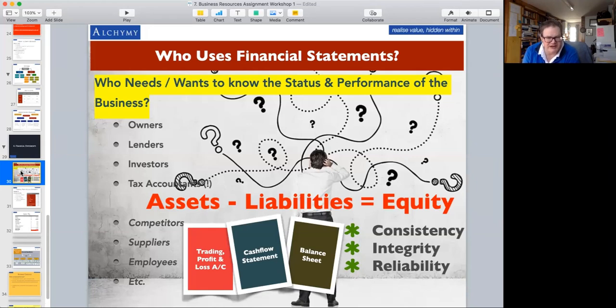To do that, we need to have our final accounts in place, our income statement and our statement of affairs. And they have to follow the rules. We can't lie. We lie if we fake the accounts. It's a criminal thing. Okay, so we need the accounts, and they become the language upon which decisions are made.